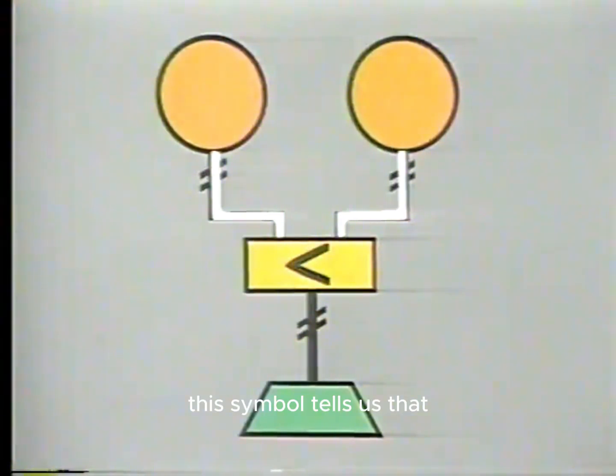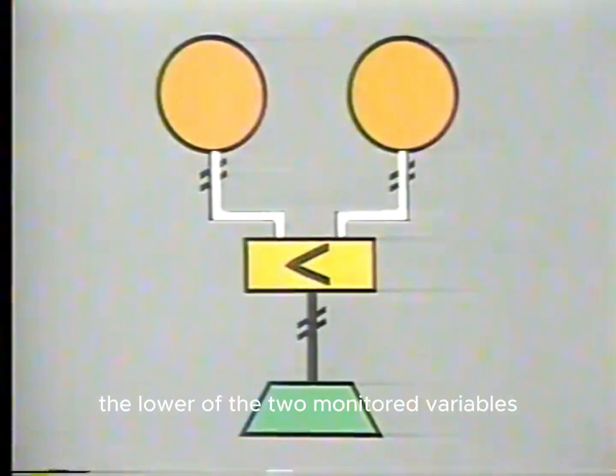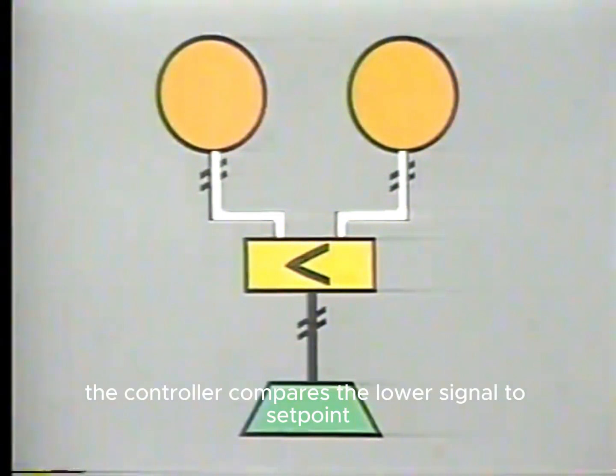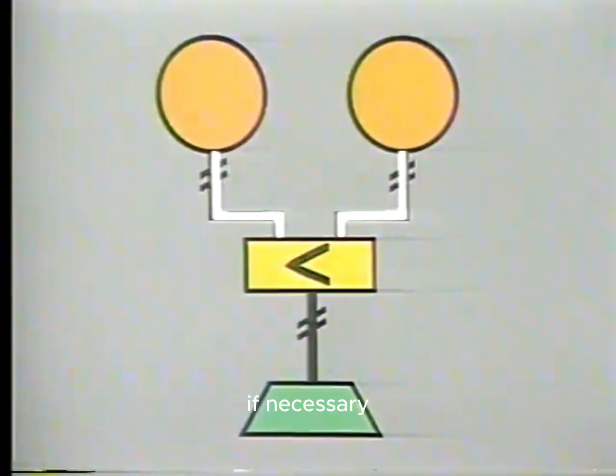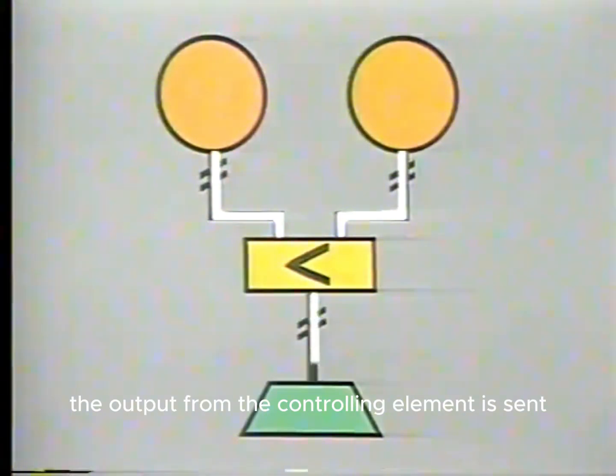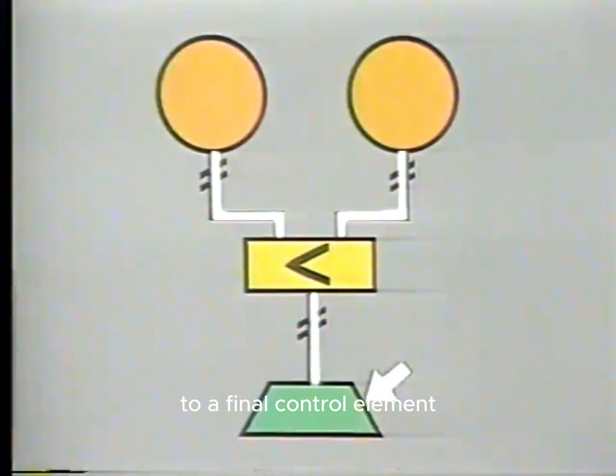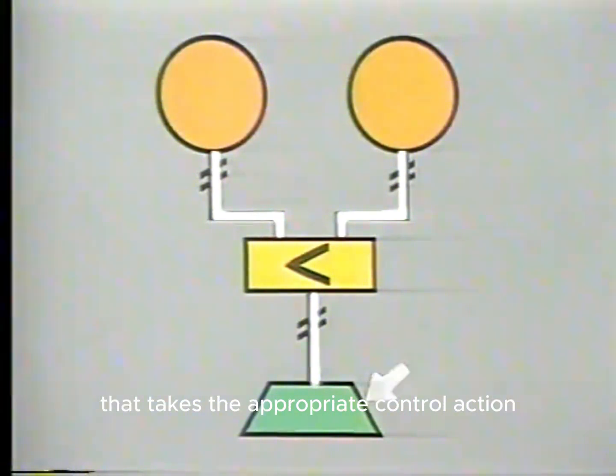This symbol tells us that the controlling element responds to the lower of the two monitored variables. The controller compares the lower signal to set point and produces a corrective output signal if necessary. The output from the controlling element is sent to a final control element that takes the appropriate control action.